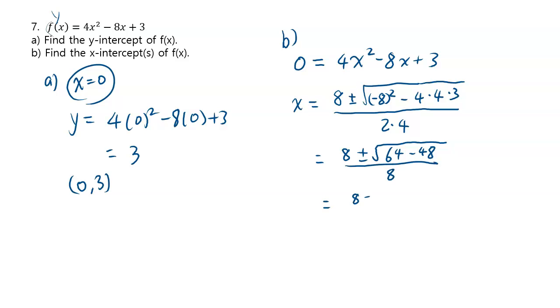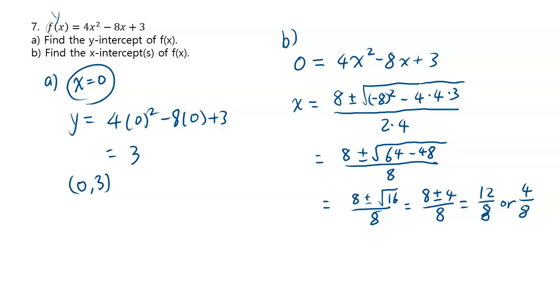And that's 8 plus or minus the square root of 64 minus 48, which is the square root of 16, over 8. And the square root of 16 is 4, so 8 plus minus 4 over 8. And that's actually two possibilities, right? 8 plus 4 over 8, which is 12 over 8, or 8 minus 4 over 8, which is 4 over 8.